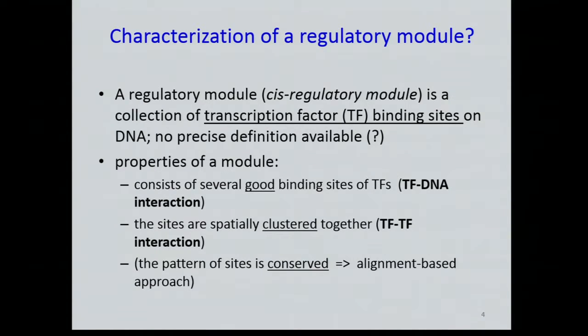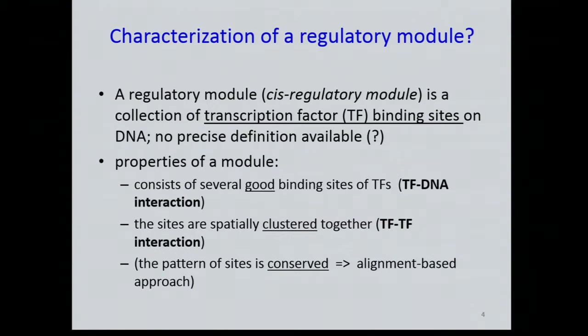They should consist of several good binding sites of transcription factors. These sites are spatially clustered together, so there should be some denser area where there are lots of these motifs, and this is a candidate for such a regulatory module.